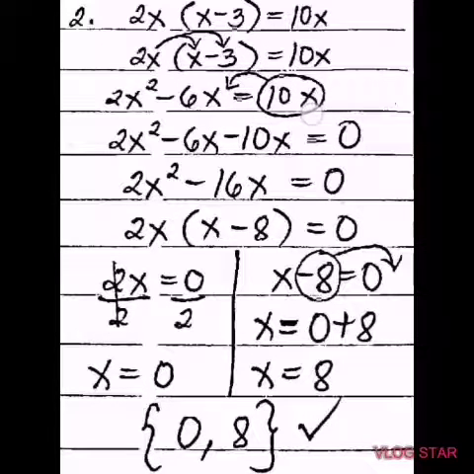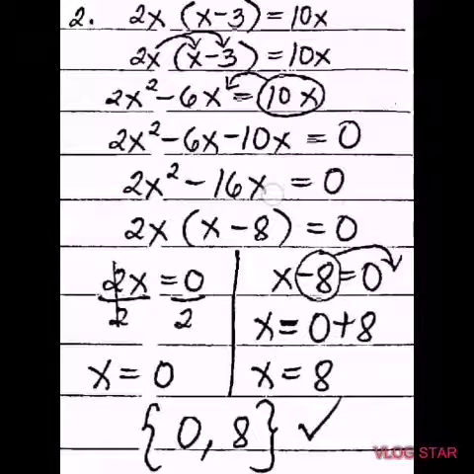We transpose 10x to this side so that it will become negative 10x equals 0. By combining like terms, negative 6x minus 10x is negative 16x. Bringing down 2x squared, we have 2x squared minus 16x equals 0. Now the quadratic equation is written in standard form.